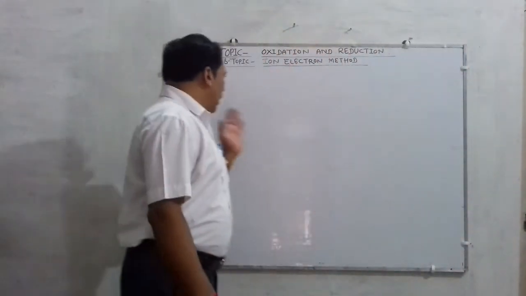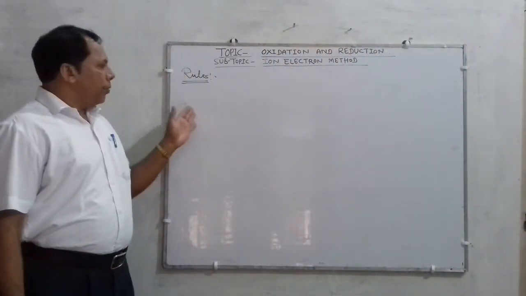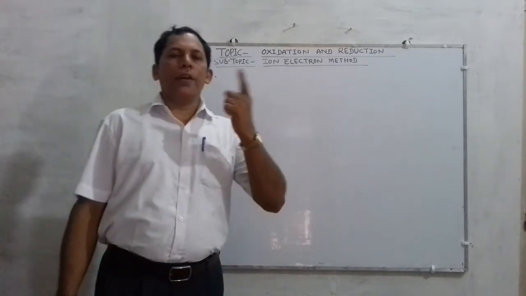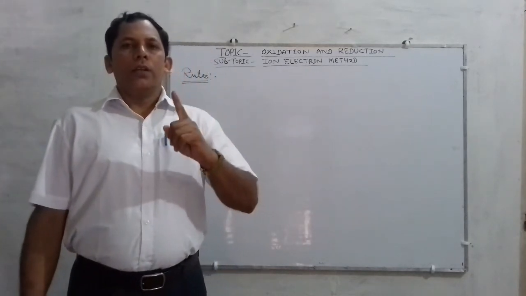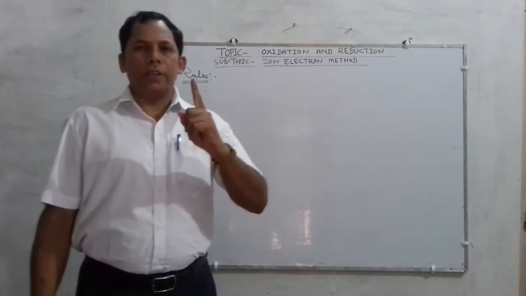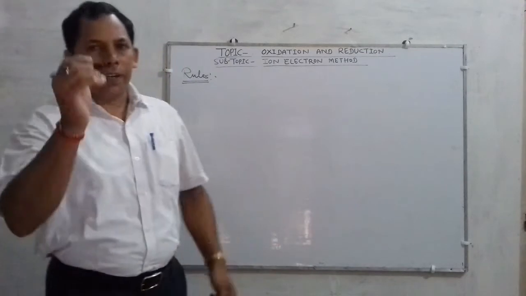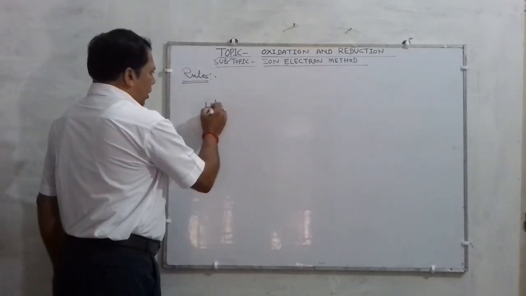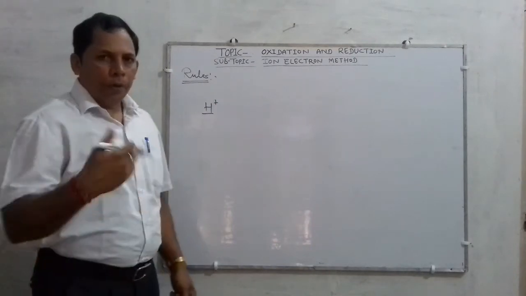The next rule: if the reaction is taking place in acidic or neutral medium, then for balancing of hydrogen atoms, listen sincerely, H plus ion is added on the opposite side.